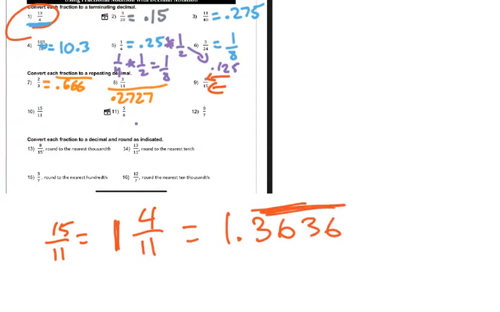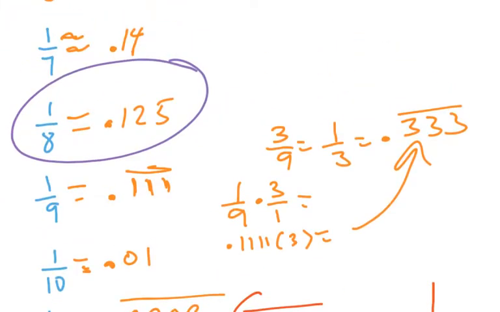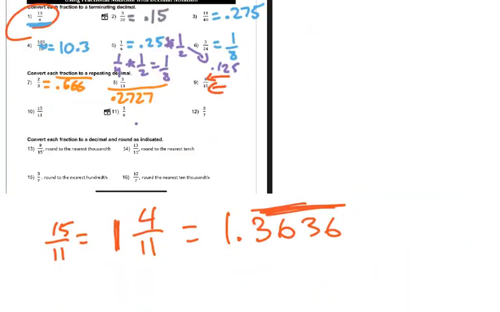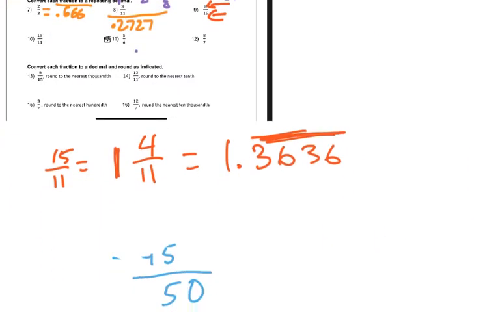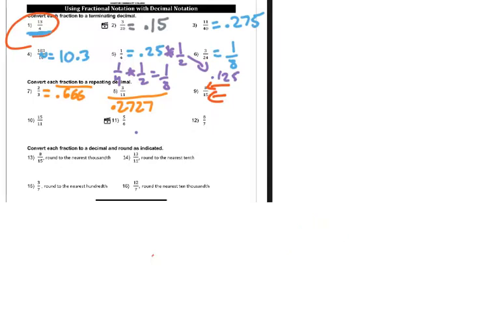Okay, 5 over 6 is, well, we know 1 over 6 is 0.166 repeating. 5 over 6, if 1 over 6 is 0.166 repeating, we would just have to multiply 1 over 6 by 5, so 0.16 repeating.